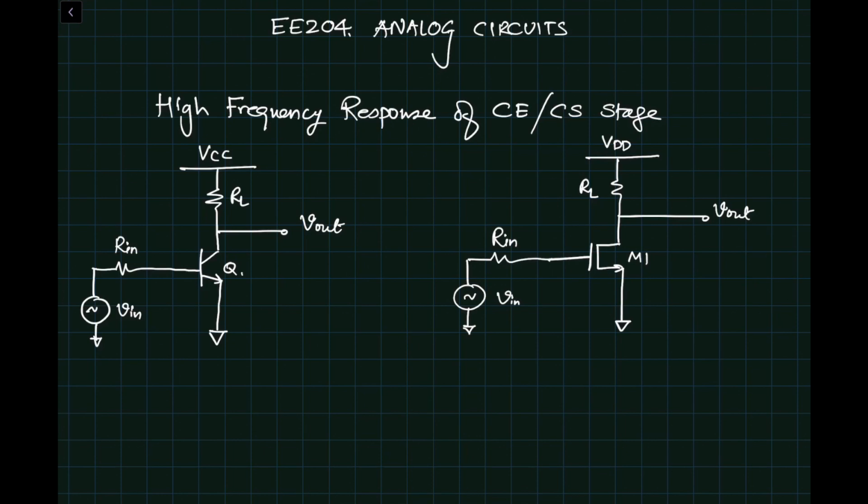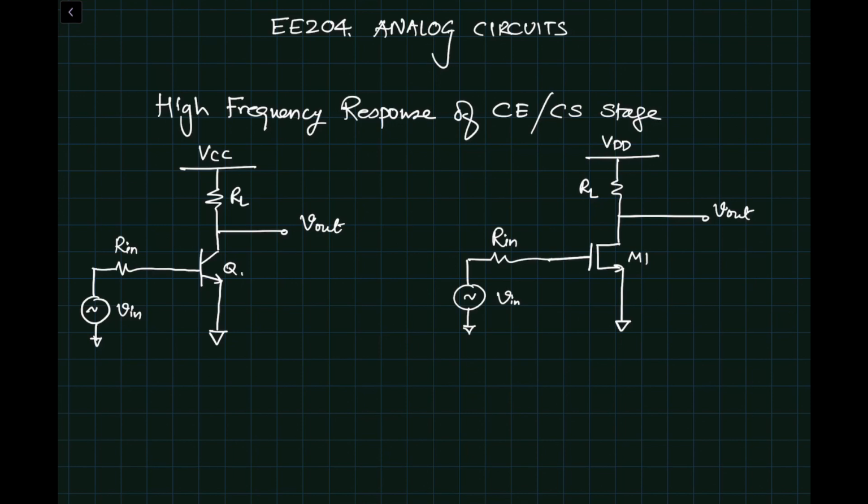Now, the schematics that I have drawn do not show any capacitances. Based on what we learned for the bipolar and MOSFET transistor high frequency models, we will start inserting the capacitance values.